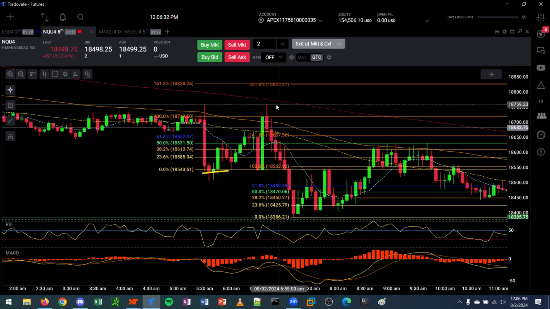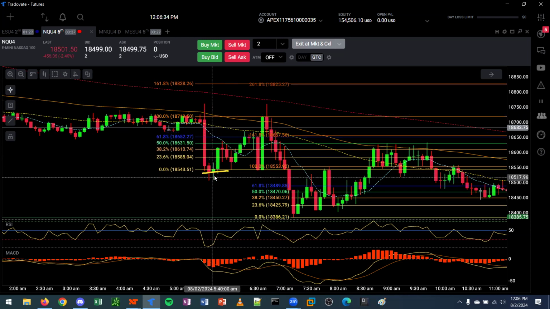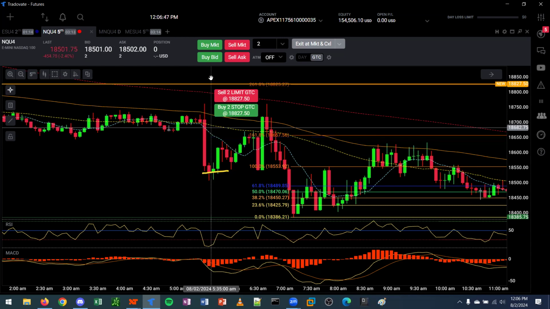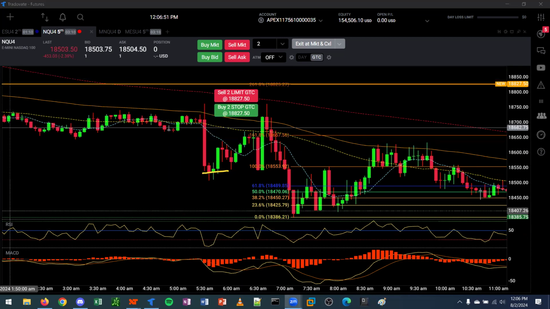We got above it. We didn't hold, just like down here, we didn't hold below it. And then look, it came back down 50%. And you can do that over and over again. Of course, there are going to be times where it doesn't work, especially when it's a strong sell-off or a strong force up.